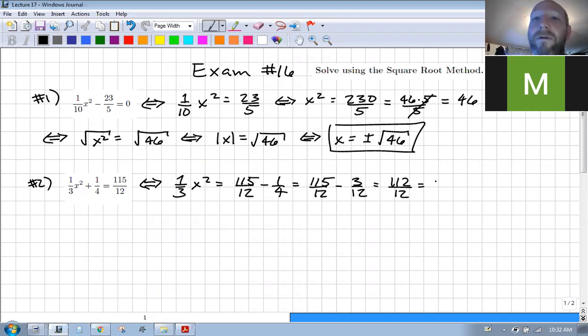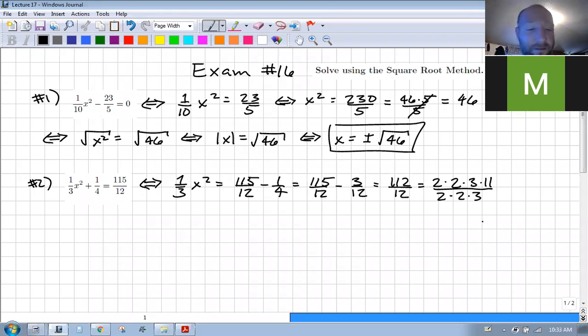112 is 2 times 66, is that right? Yeah, 2 times 66, and 66 is 2 times 33, and 33 is 3 times 11. Meanwhile, 12 is 2 times 6, which is 2 times 3.